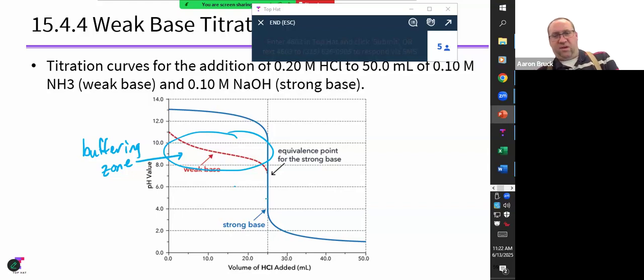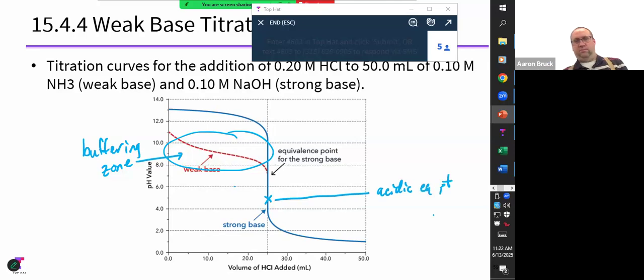And an equivalence point on the acidic side for the weak base equilibrium.